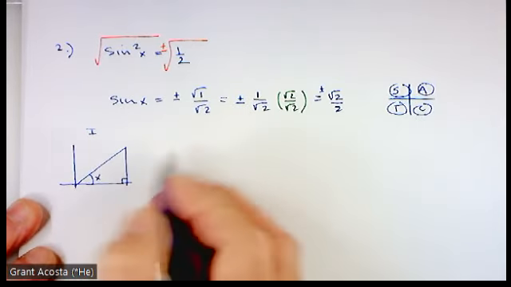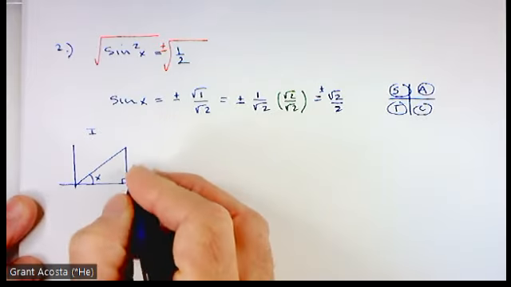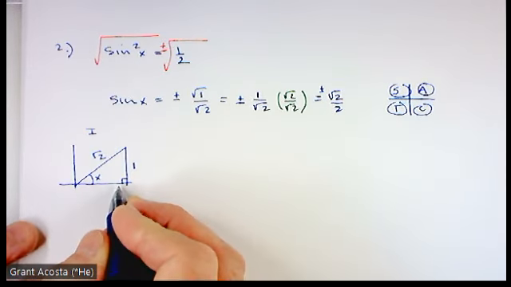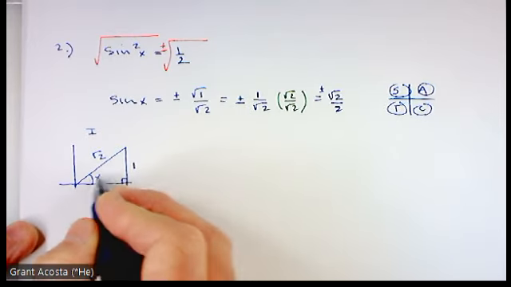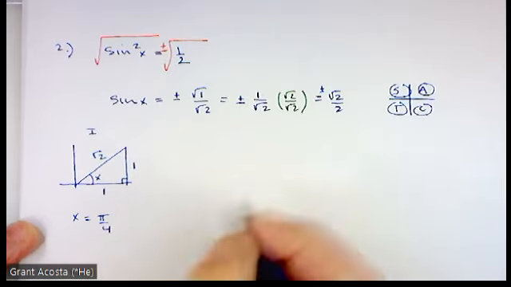This is my angle x, and we know sine is opposite over hypotenuse, 1 over root 2. And if you know your special triangles, you know this other side is 1, and more importantly, you know that this angle is pi over 4.